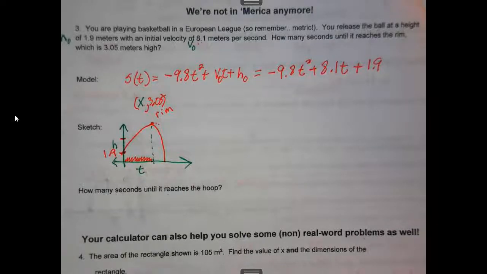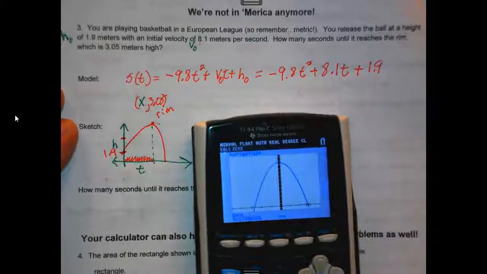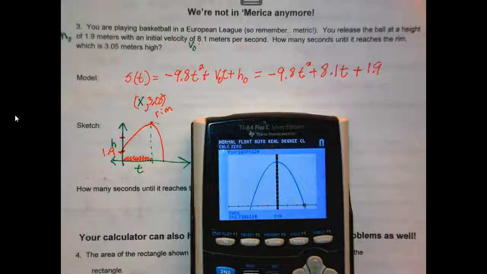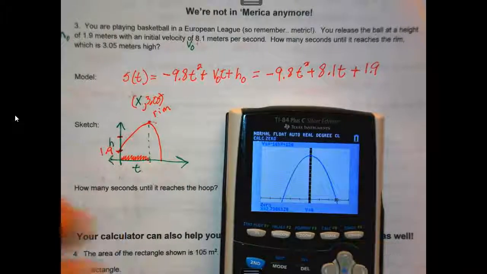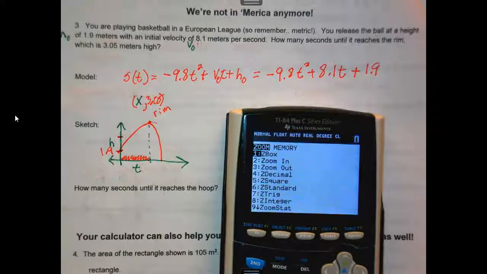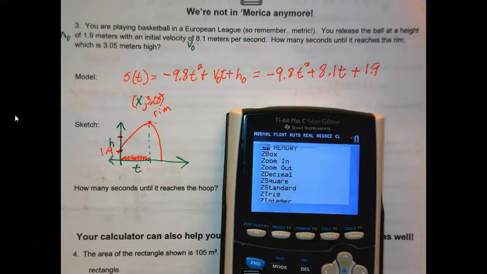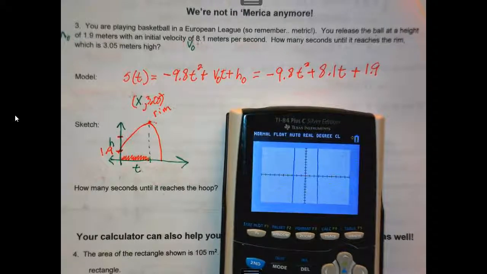The calculator. All right. I'm gonna put my window back to standard like it always is. So I'm gonna go to zoom and hit number 6. See how number 6 says standard? I'm gonna go to standard, puts my graph back to normal, defaults it to negative 10.